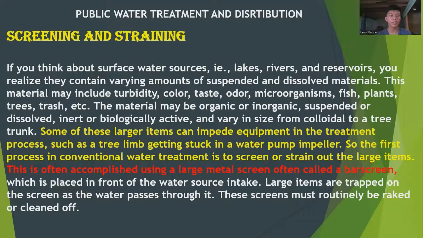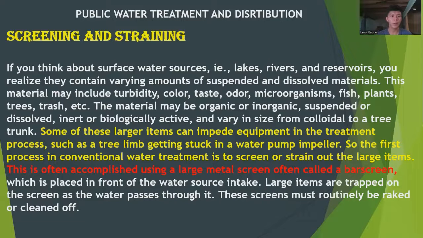This is often accomplished using a large metal screen, often called a bar screen, which is placed in front of the water source intake. Large items are trapped on the screen as the water passes through it. This screen must routinely be raked or cleaned off.